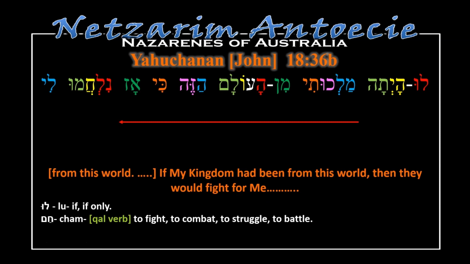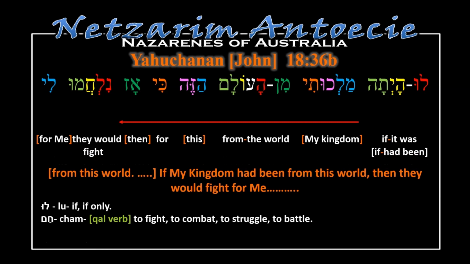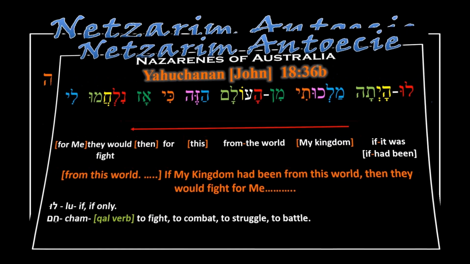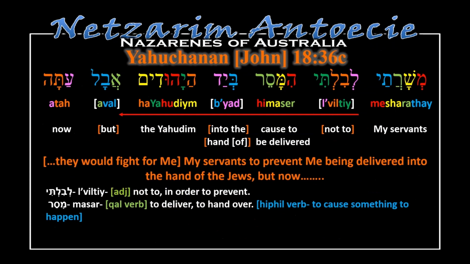All right. And the translation. If it was my kingdom from the world this, for then they would fight for me. Remembering that Yeshua was being interviewed by Pilatos, right, which is Pilate.